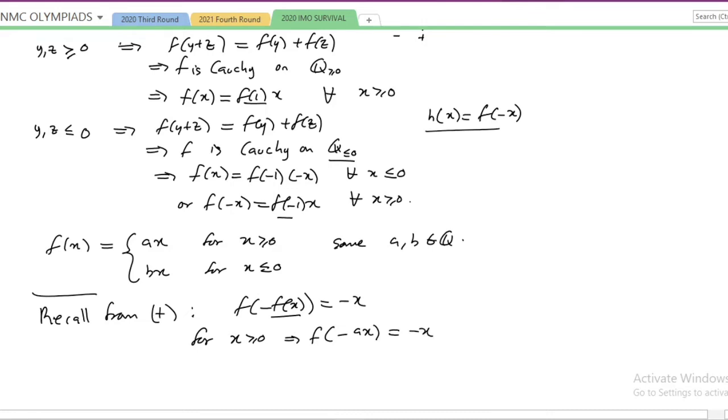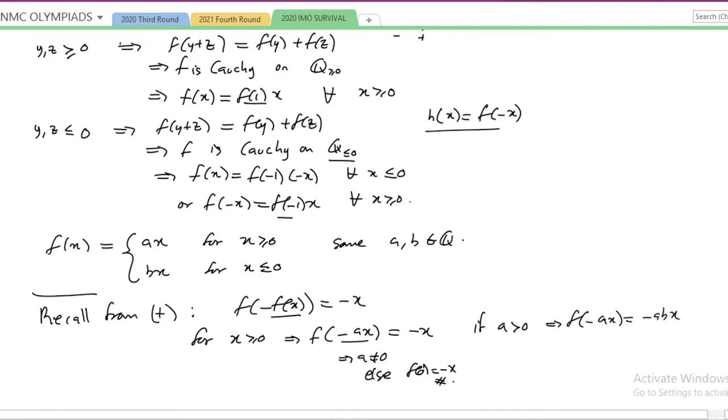So we have two options here, so it depends on two things. So certainly a cannot be 0, right? Otherwise we're going to have f of 0 is minus x for all x non-negative. So a is not 0, so it's either positive or negative. If it's positive, then what's here will be negative, so this would be b times that, so minus abx.